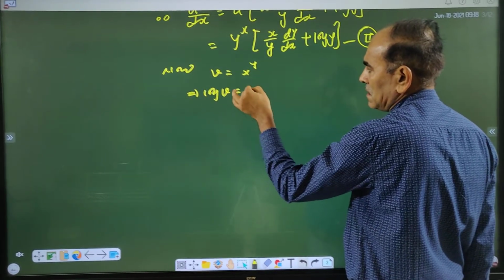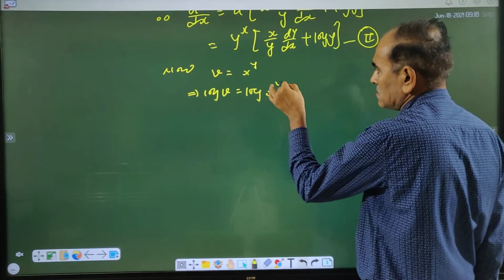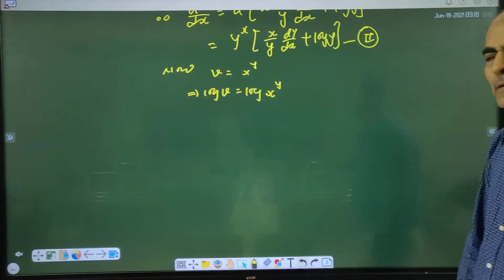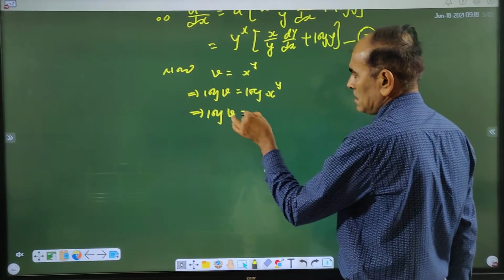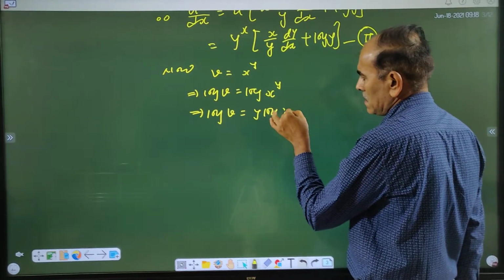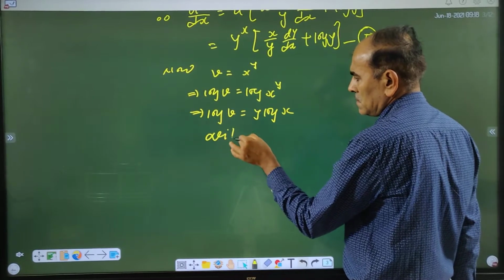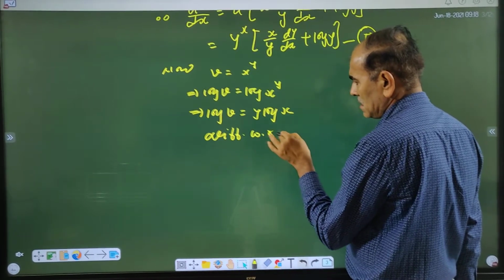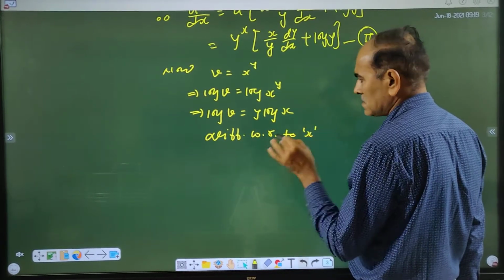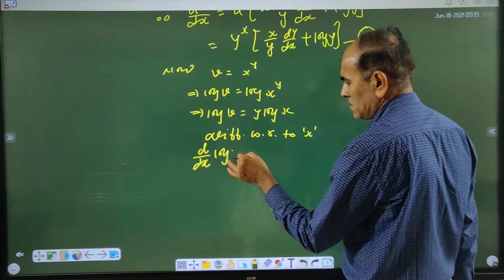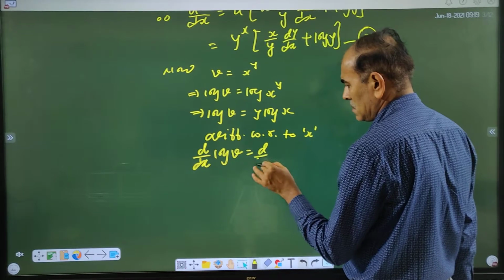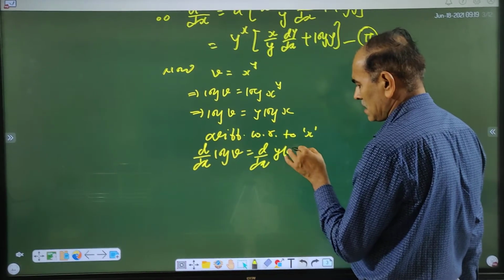So log v is equal to log x to the power y. On the same line, log v is equal to y log x. Once again differentiate with respect to x. What we get? d by dx of log v is equal to d by dx of y log x.